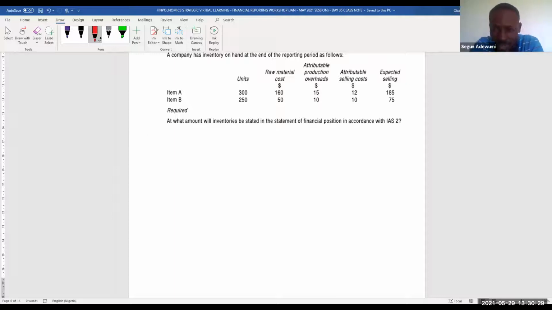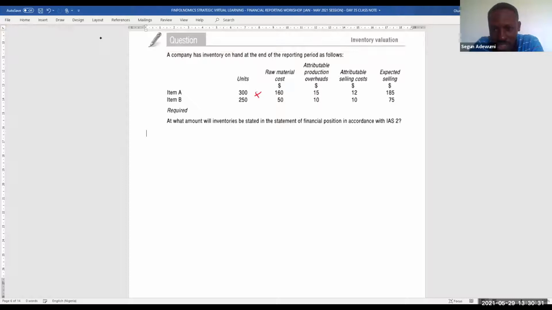Then the selling price, which is the expected selling price, will be $185 times 300 units. If you want to get the net realizable value, it will be expected selling price minus attributable selling cost of $12 times 300 units.